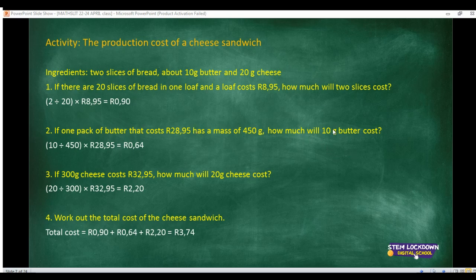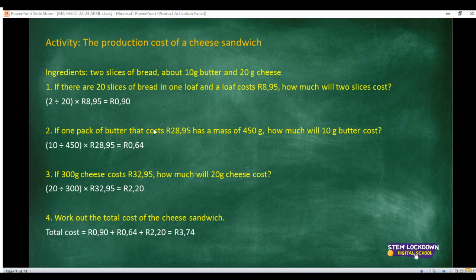How much will this 10 grams of butter cost? This 10 grams of butter is the butter that goes towards making your sandwich. So it's 10 divided by 450 multiplied by 28.95 rands, which is the cost of the 450 grams of butter. It means the butter that goes into one sandwich is 0 rand 64 cents.